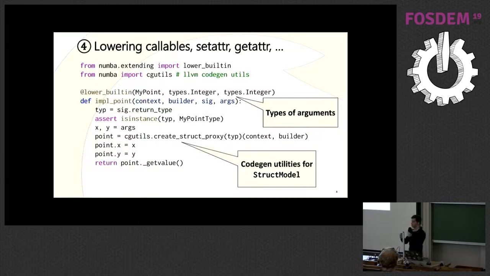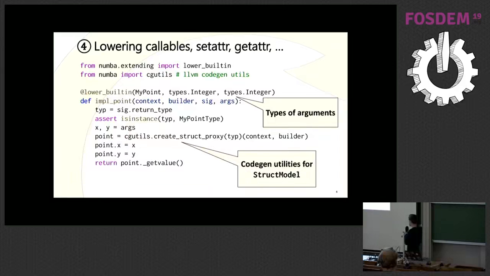As I said before, we had the point for which we use a struct-like model, and in the CodeGen utilities you have this create struct proxy, which generates this kind of syntactic sugar that you can use here. So it looks here like we assign a value x to point.x, but what it actually does in the background is using the builder to at the same time generate the correct code for doing this operation. So it looks like you're actually assigning the value, but in reality it's generating the code.